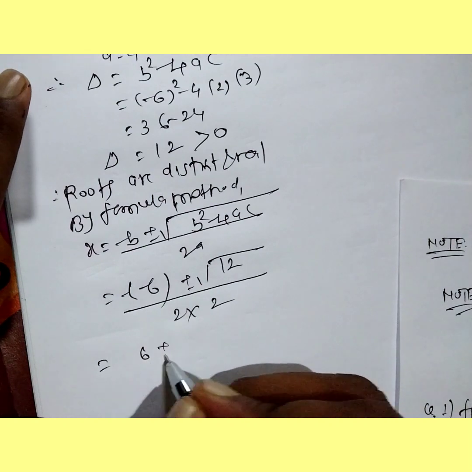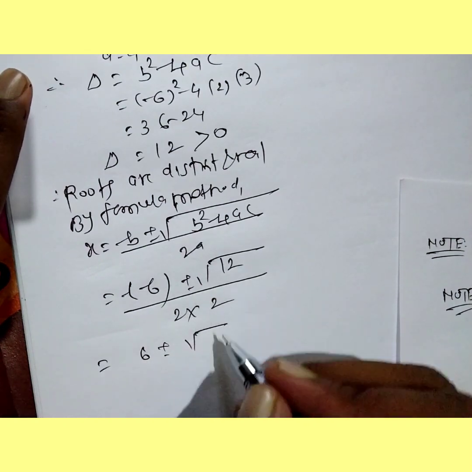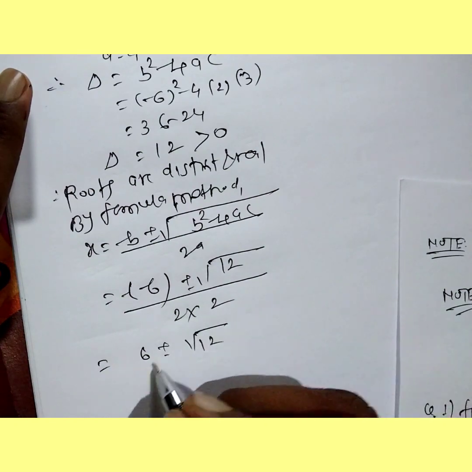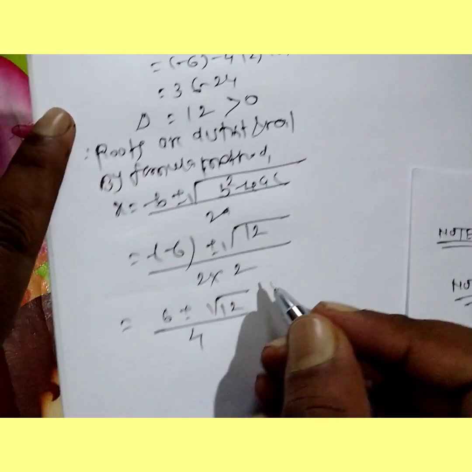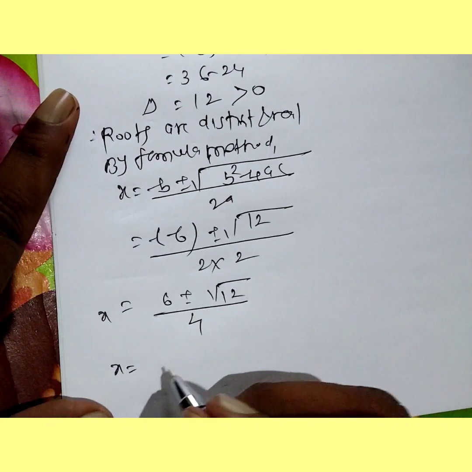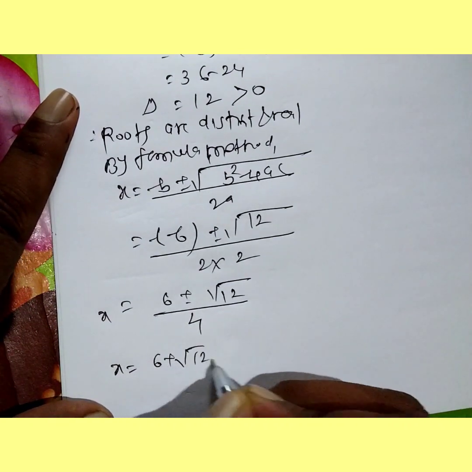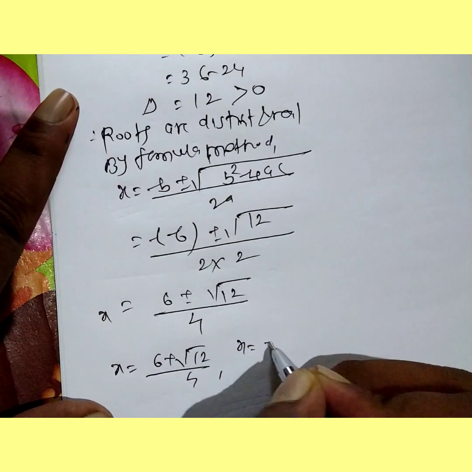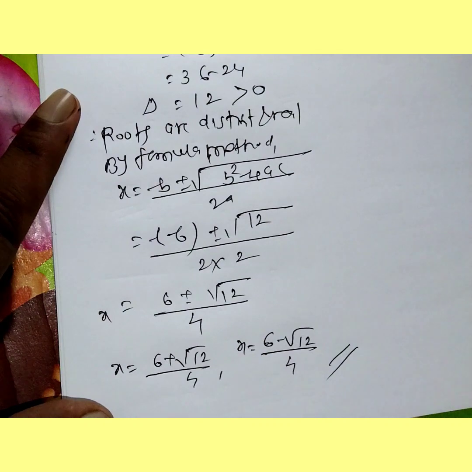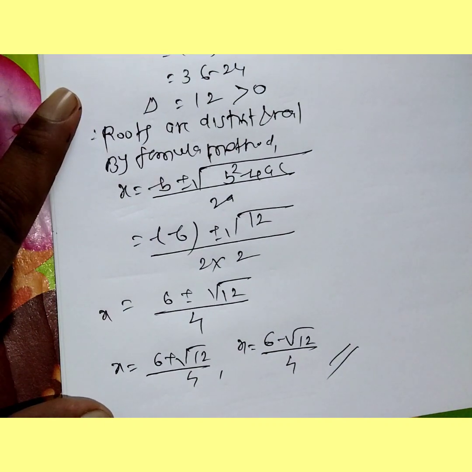So this is 6 plus minus, you can write it like this, okay, let's keep it like this because nothing will cancel. So what will you get, x is 6 plus root 12 by 4 and x is 6 minus root 12 by 4, right? You can simplify this further, there is no problem.